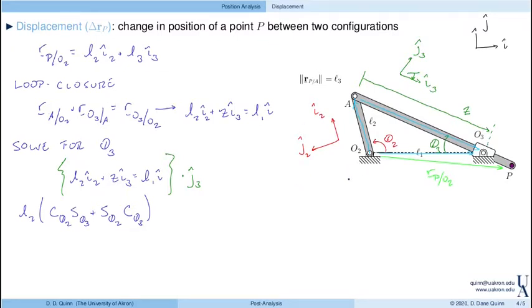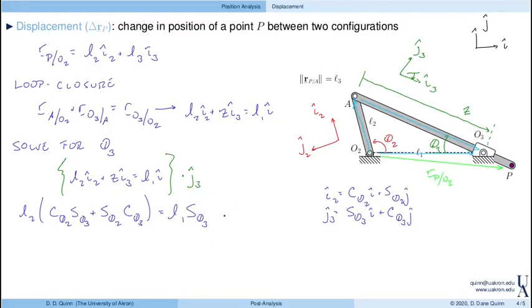Here, I will remind you that I2 is cosine theta 2 I plus sine theta 2 J, and J3 is sine of theta 3 I plus cosine of theta 3 J. So when I dot these two together, I get this term. This also happens to be equal to the sine of theta 2 plus theta 3. And that's going to be equal to L1 I dot J3, right there, sine of theta 3.